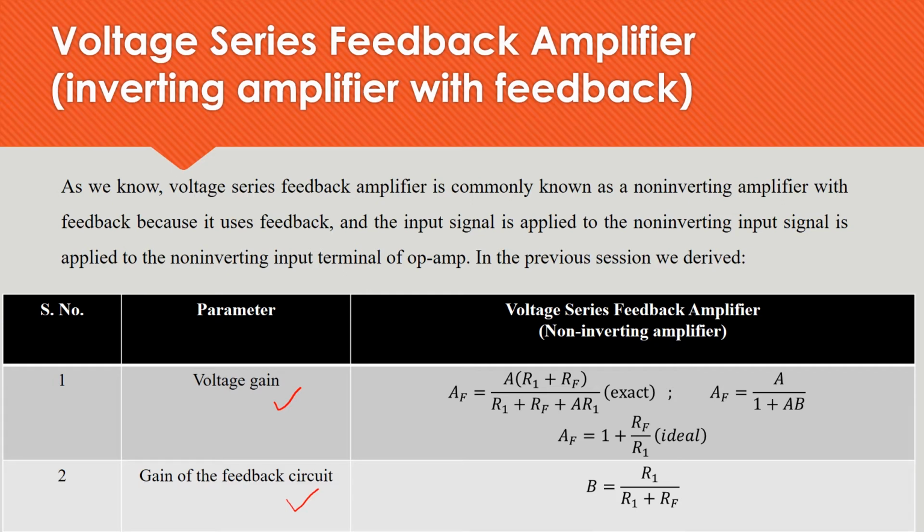We derived the voltage gain for the exact as well as for the ideal case, and we know that for the ideal case the feedback voltage gain AF is 1 plus RF by R1, and the gain of feedback circuit B is equal to R1 over R1 plus RF. This we did already in the previous session.